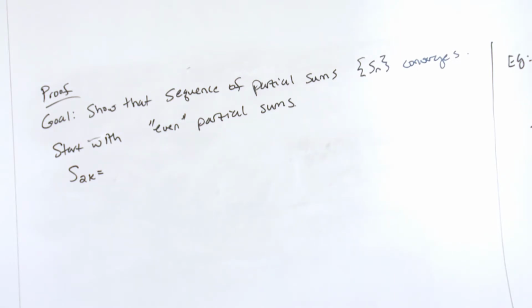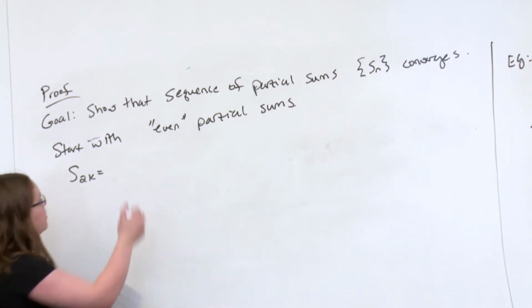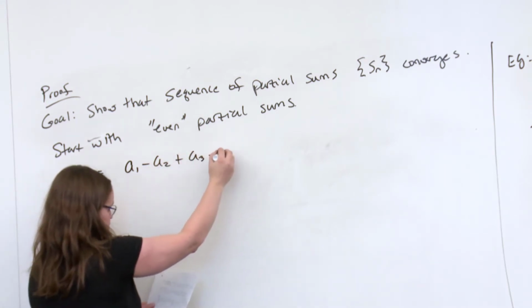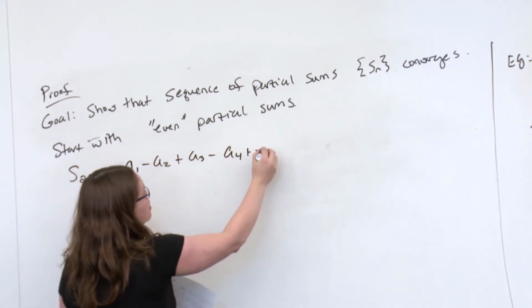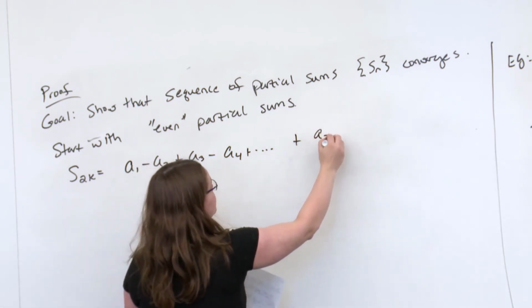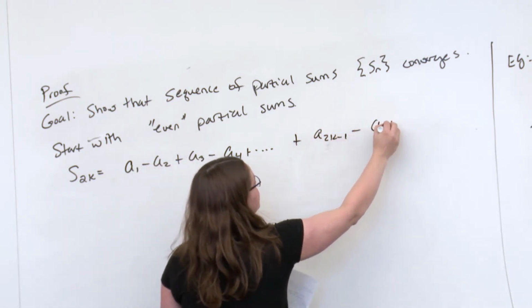I'm doing a partial sum where I'm adding up the first however many terms, but I'm just going to stick with the setting where the number of terms I'm adding up is an even number. Again, we've got to deal with the odd ones later, and we will. But let's start with this. This is a_1 minus a_2, a_3 minus a_4, plus a_(2k-1) minus a_(2k).